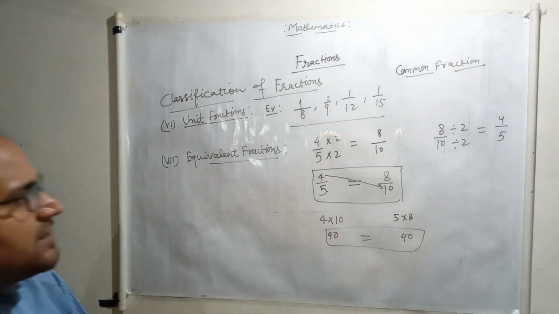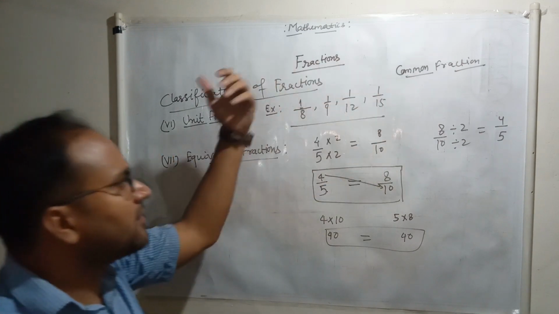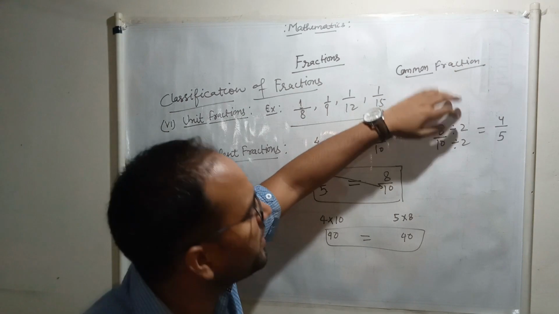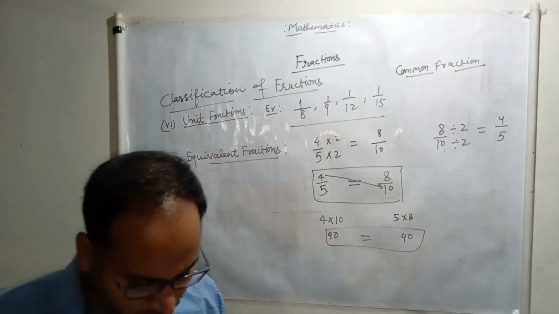So it is easy: a fraction which has a numerator and denominator is said to be a common fraction. This is given in your new book.